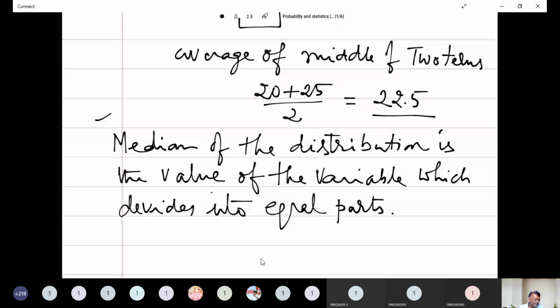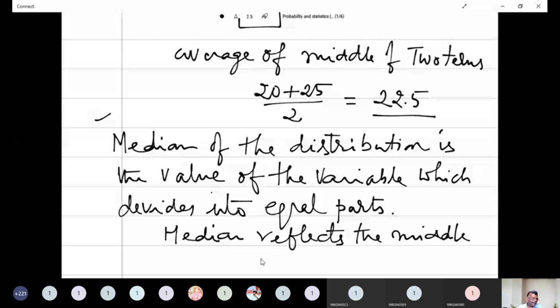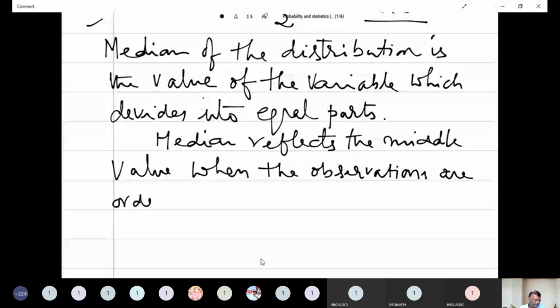In another way, we are saying that the median reflects the middle value when the observations are ordered from least to most.